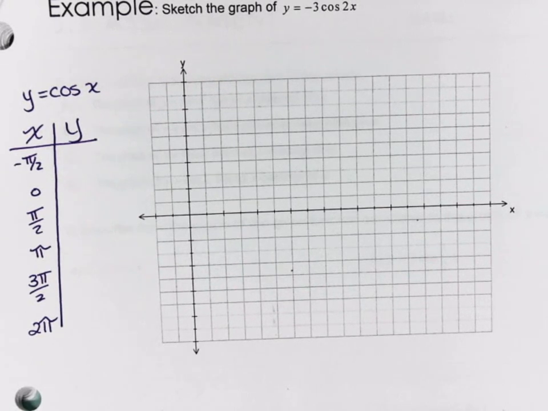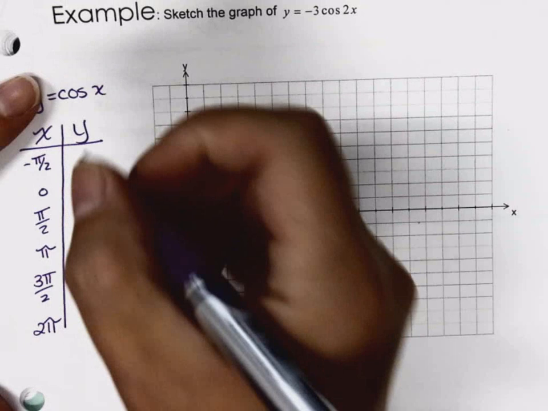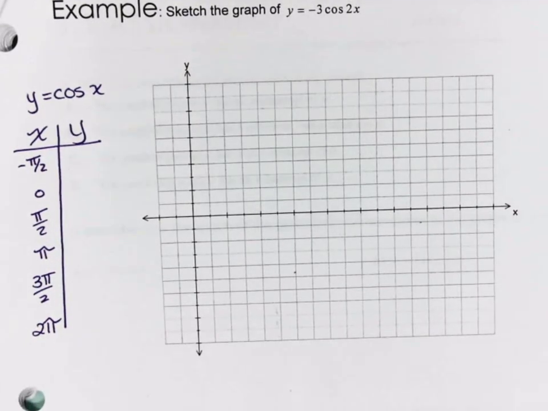We just did it on the other page. What do cos graphs start at? Maximum. So 0 and 1. Cos graphs start at 0 and 1 when there's no transformations attached to them.